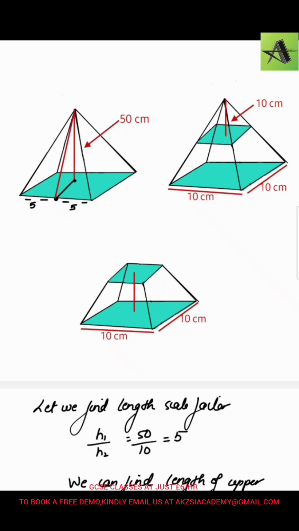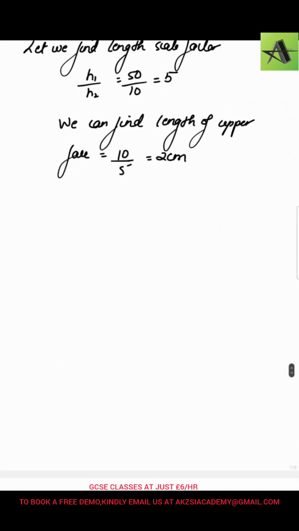So I just need to apply Pythagoras theorem because this whole length is also 10 centimeters, so this part is half of it, 5 centimeters. The Pythagoras theorem will help me in calculation of the height of the triangle.